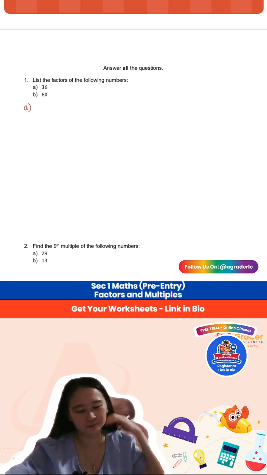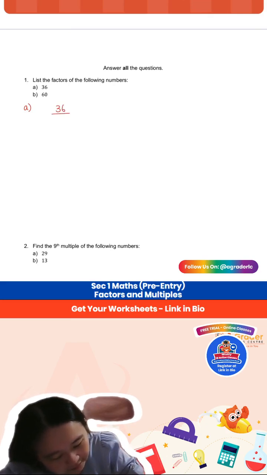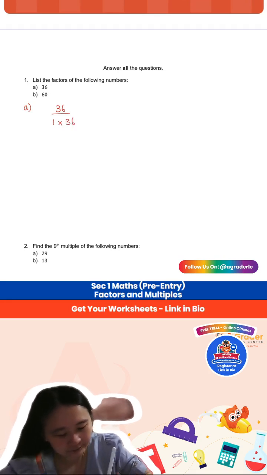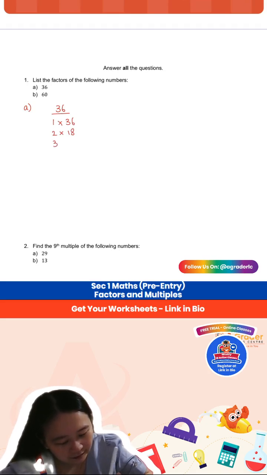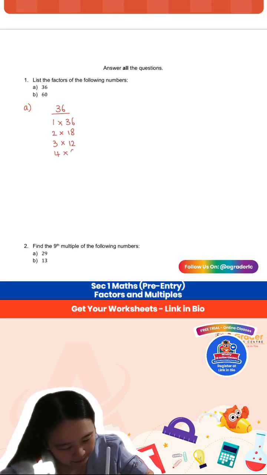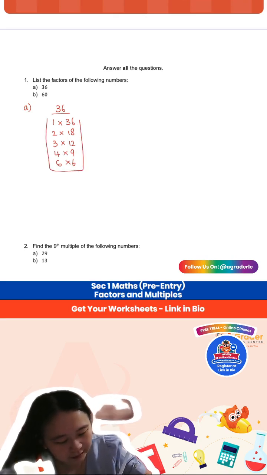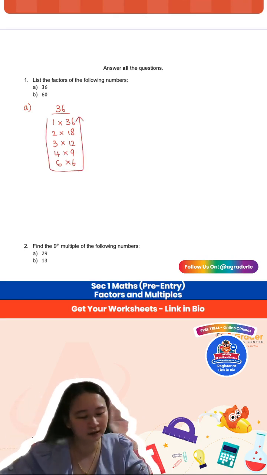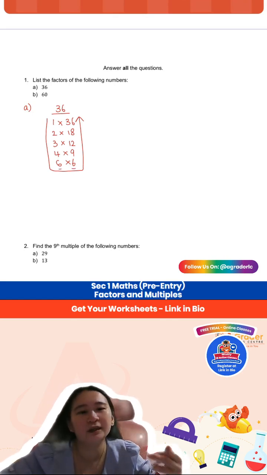Okay, good. So let's list the factors of 36. Whenever you're listing the factors, start with 1. So 1 times 36, 2 times 18, 3 times 12, 4 times 9, and lastly 6 times 6. So you list them in ascending order so that you won't miss out any numbers. You see that 6 times 6 is reached already, then you can stop here.